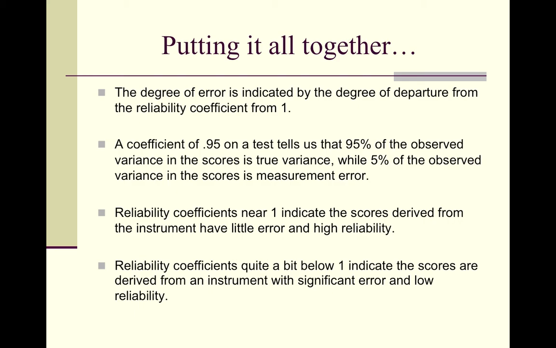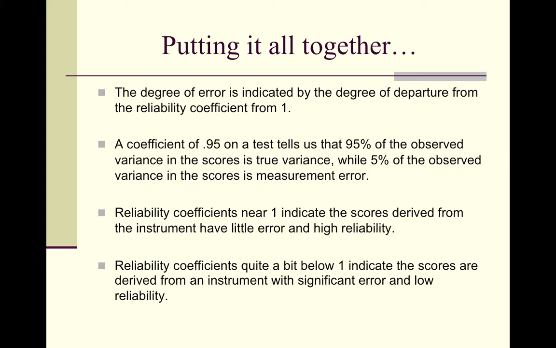A coefficient of 0.95 on a test tells us that 95% of the observed variance in the scores is true variance, while 5% is associated with measurement error. So a reliability coefficient of 0.95 is really good. Reliability coefficients near 1 indicate the scores derived from the instrument have little error and high reliability.